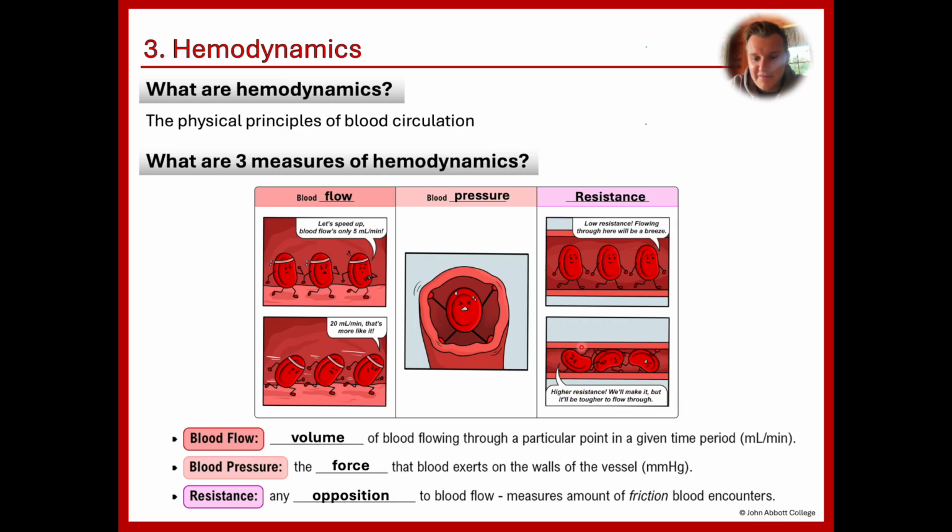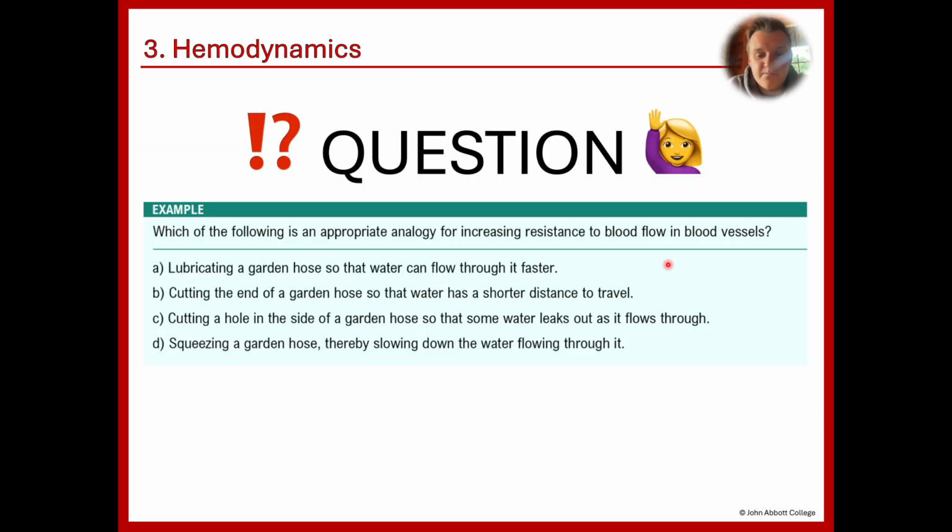And then all of a sudden, if I squeeze the tube and make it smaller, then I've just increased the resistance, and it makes it a bit tougher for this blood to flow through, right? So resistance is the countering of it. Or imagine if I blocked the vessel, right? And I put a big clump of fat on the side here and narrowed the tube because of this plaque that accumulated, then the blood wouldn't be able to move as fast in the vessel.